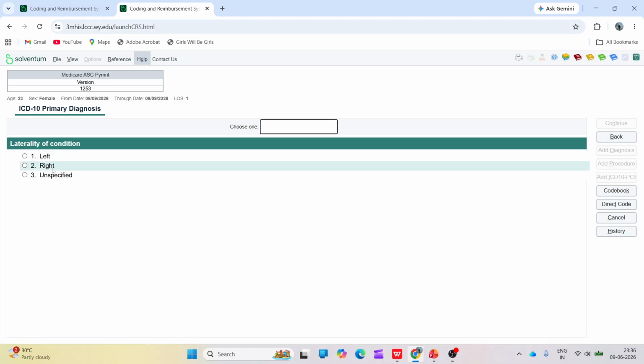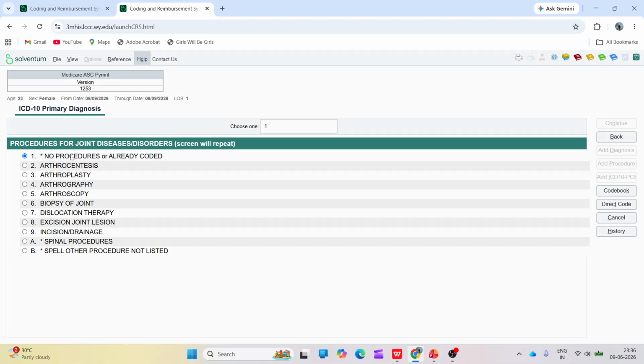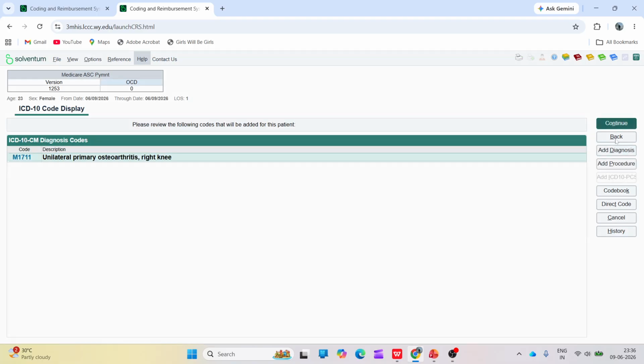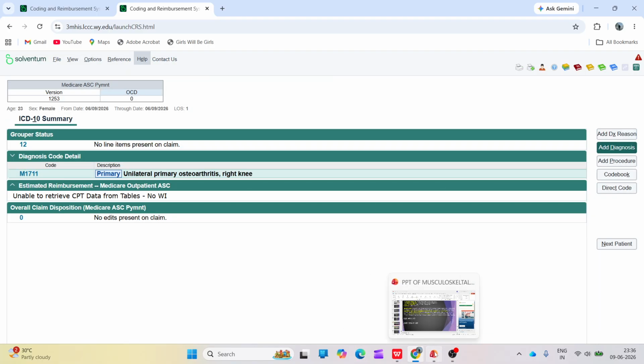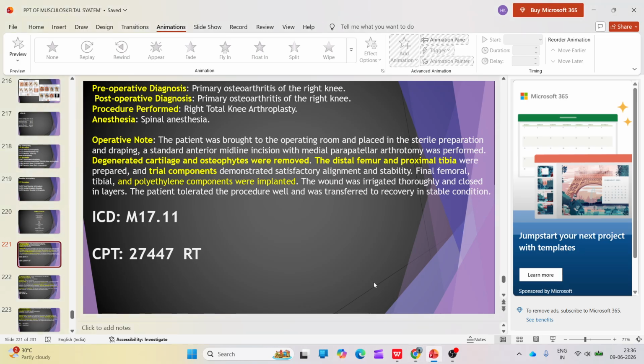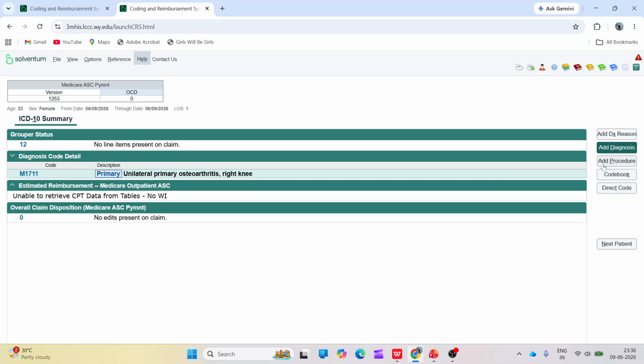It's other specified, on the right side, so no need to code more. Procedures: M1711. And next, that is the total arthroplasty. The details say total arthroplasty, so we'll navigate by this.